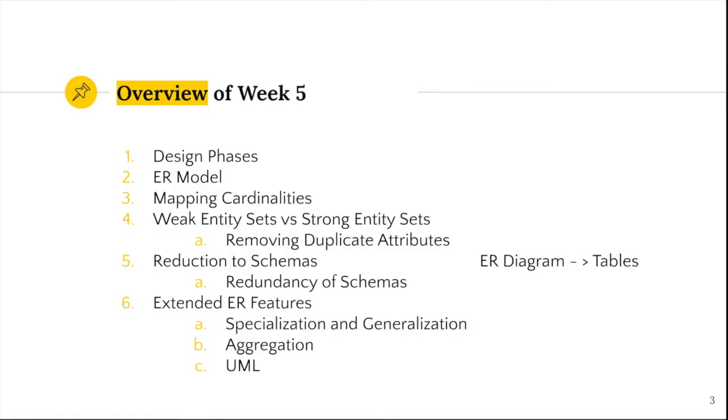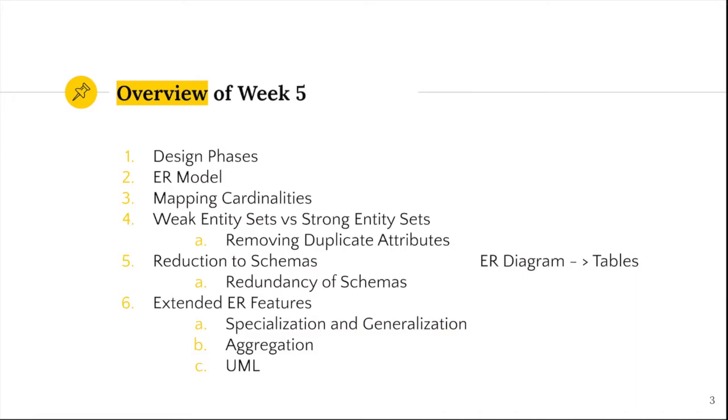So here's an overview of our topic for week 5. First, we will discuss the different design phases, and then we will share the definition of the ER model, which is composed of entities and the relationship between entities.